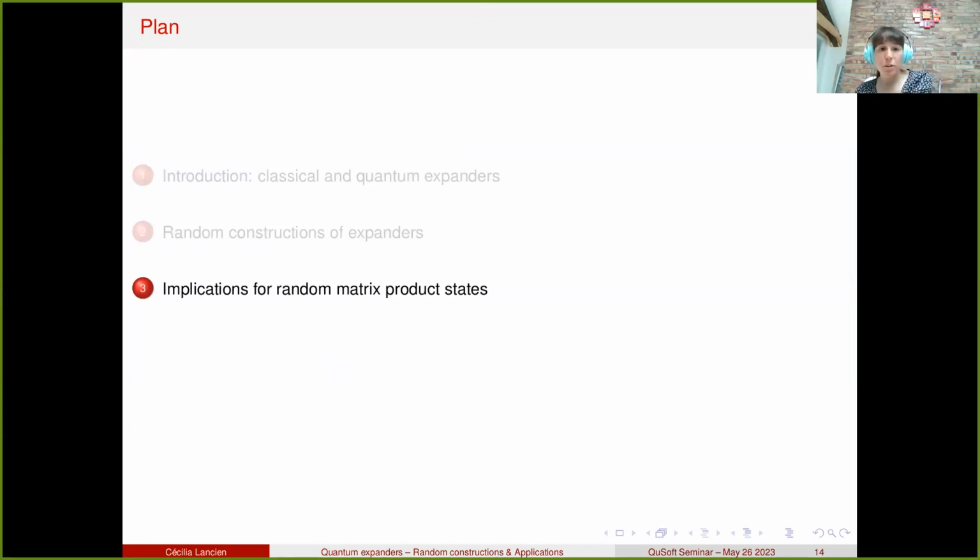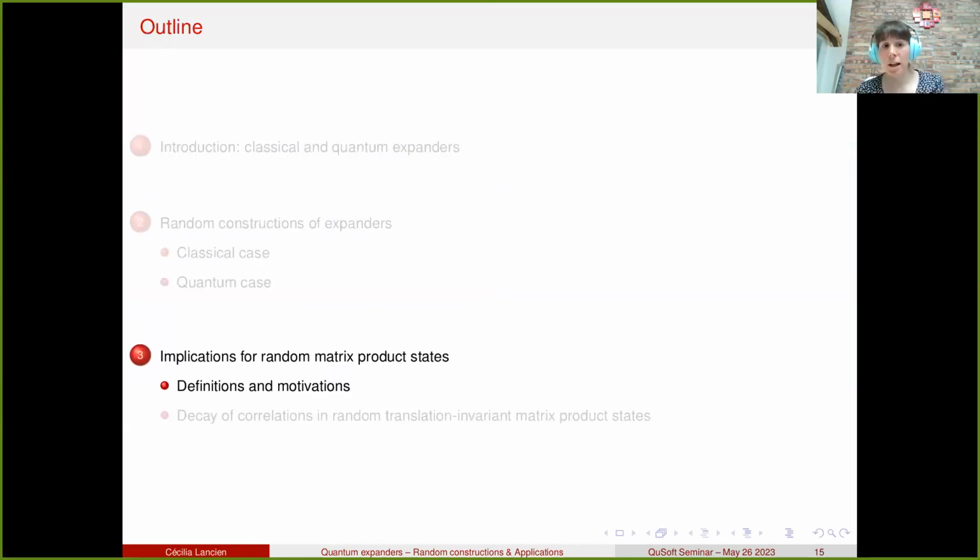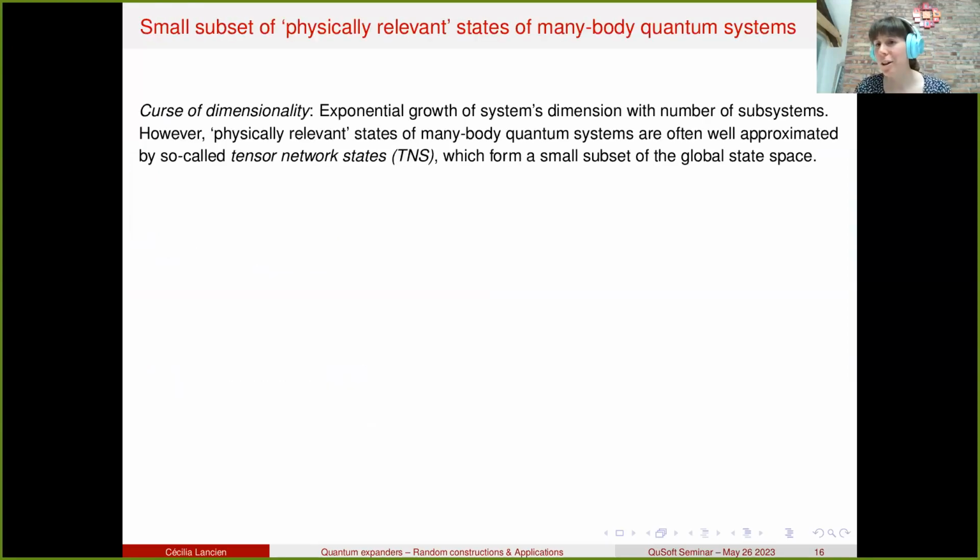In the few minutes that I have left, let me tell you how these quantum expanders show up when you want to study matrix product states. Let me start with what matrix product states are and why they are interesting. As you all know, one of the problems in practice when dealing with many-body quantum systems is that the dimension of your system grows exponentially with the number of subsystems.